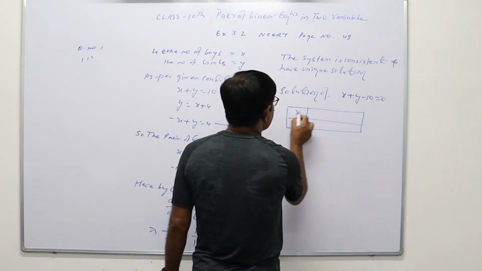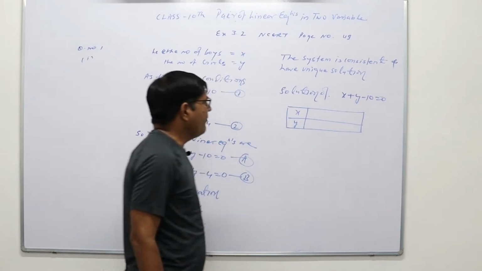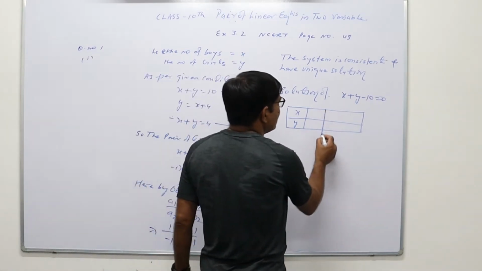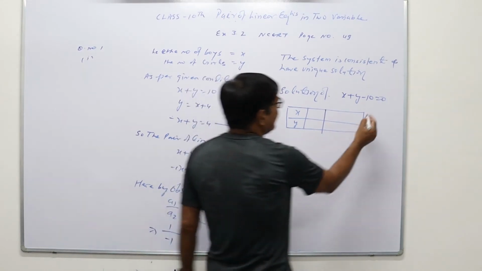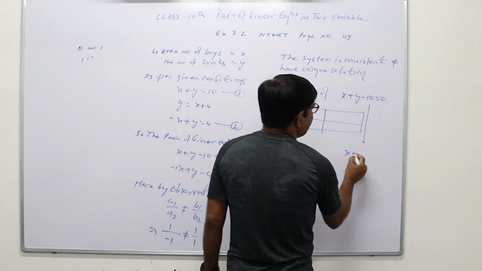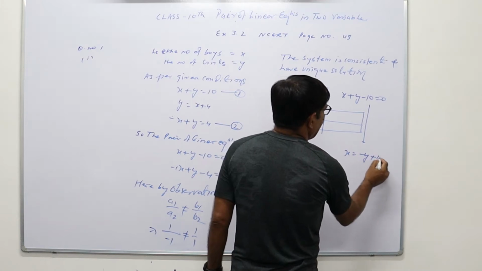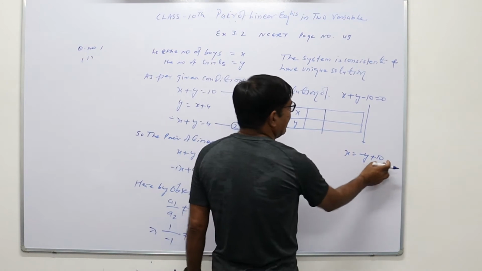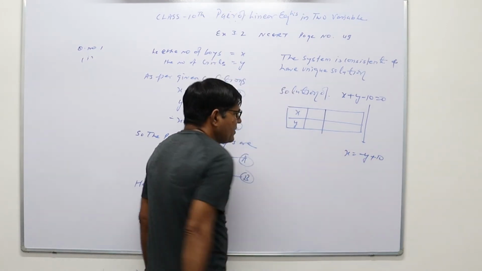So let us suppose this is x and this is y. We can take this as x is equal to minus y plus 10.